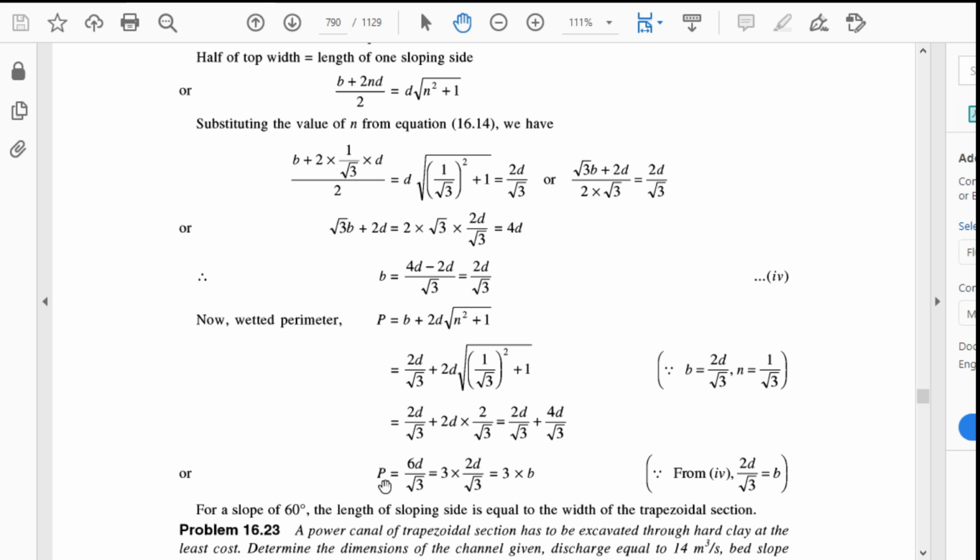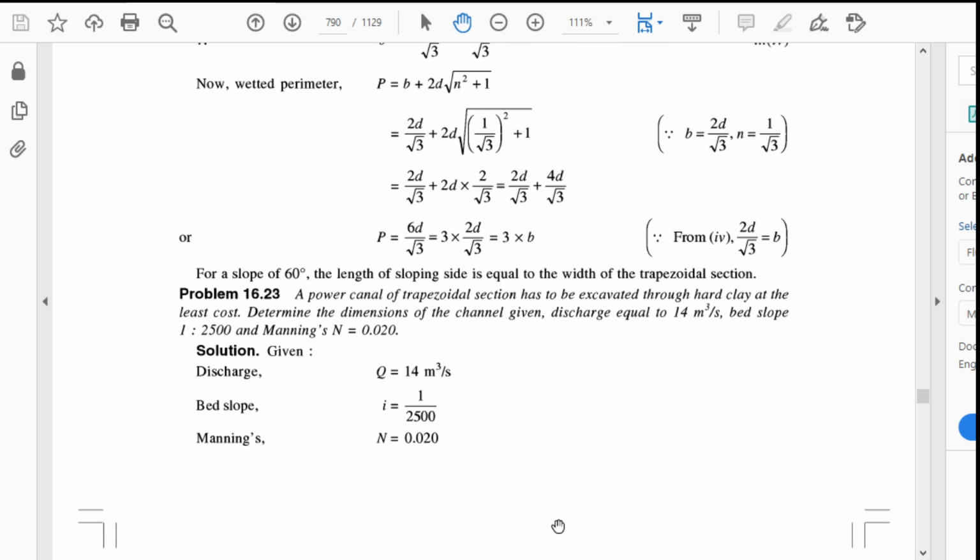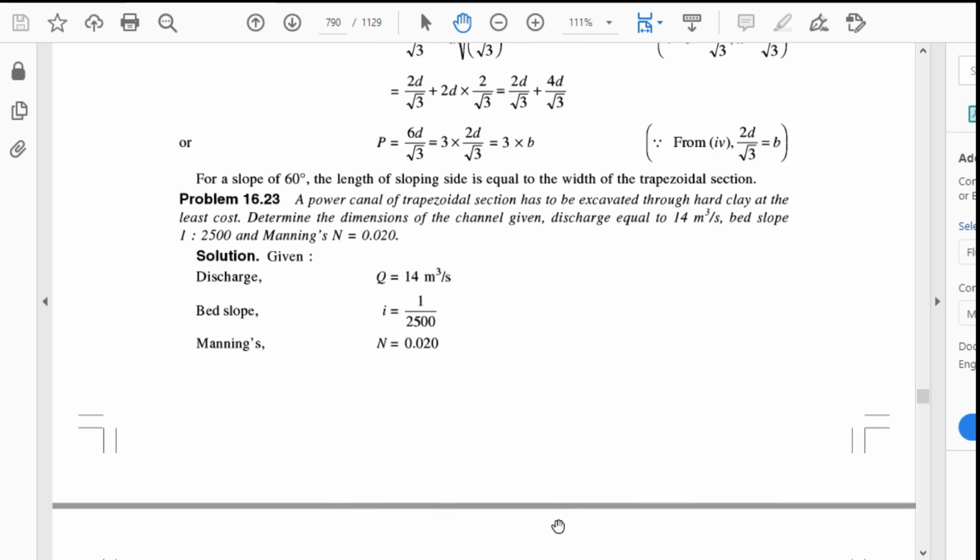That means for the perimeter we are going to take 3 times one dimension only, and that one dimension is your bed width. So by using this equation, we can state that the length of the sloping side is equal to the width of your trapezoidal section.